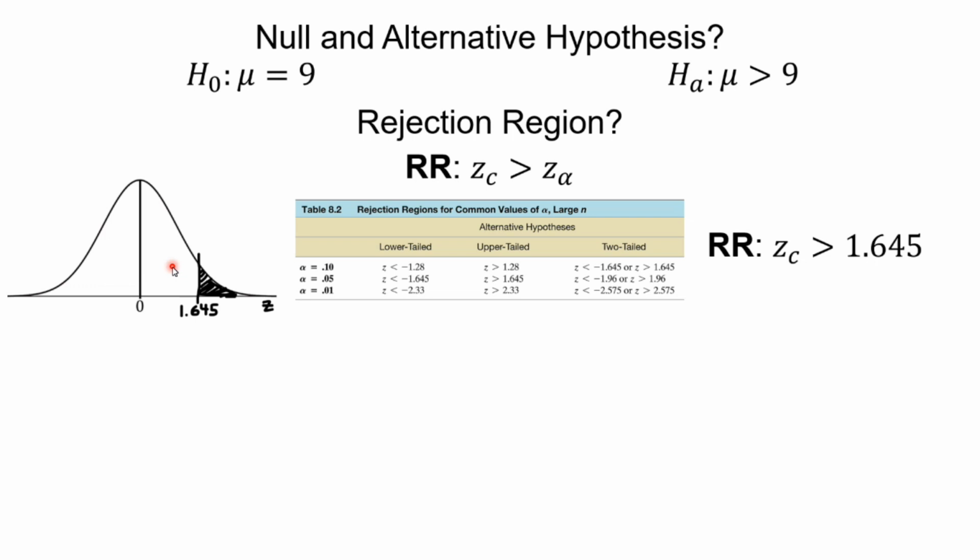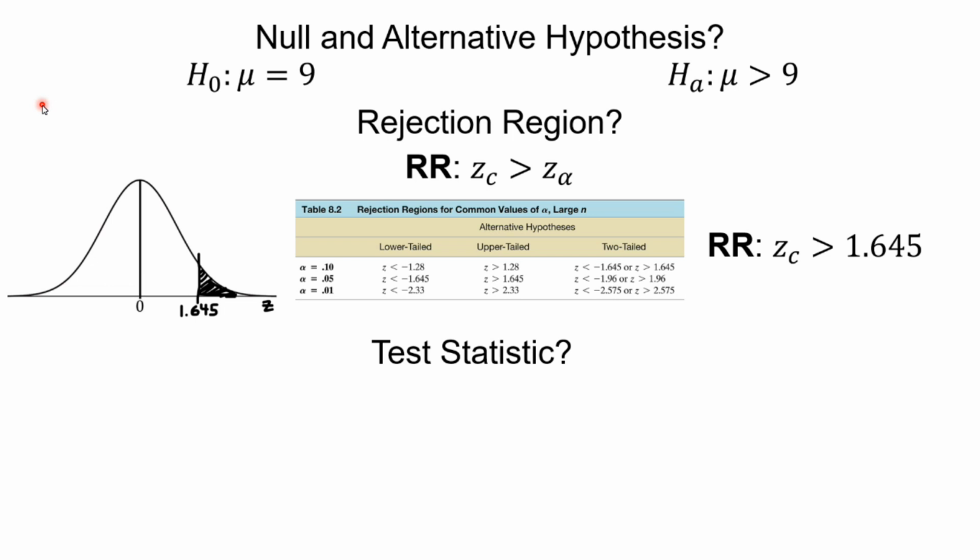If you look for 0.4500 and figure out which z-score is closest to that, you'll see that value is 1.645. What that means is we're going to reject the null hypothesis if our calculated test statistic is greater than 1.645. That will give us permission to reject the null hypothesis. So that forms our rejection region.